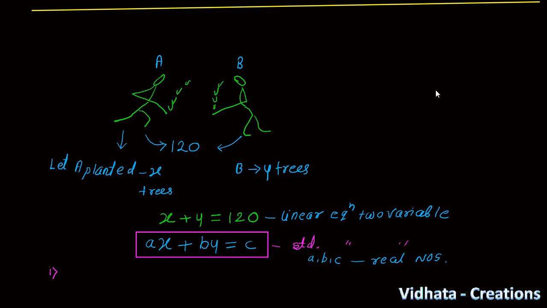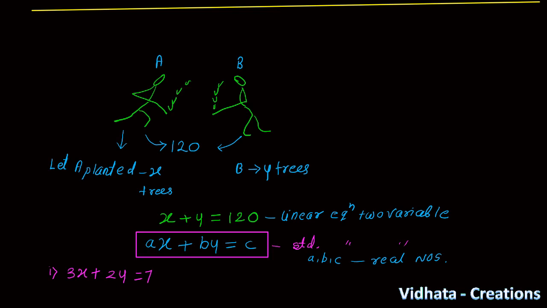One example is 3x plus 2y is equal to 7, where A is equal to 3, B is equal to 2 and C is equal to 7.